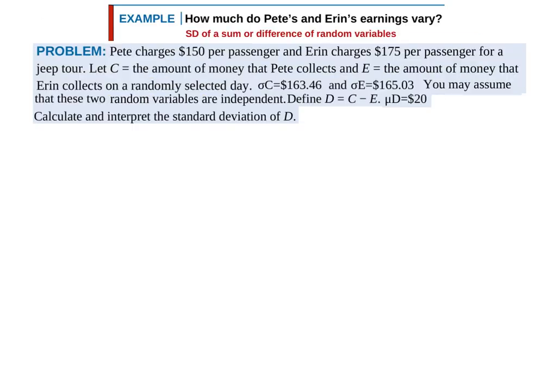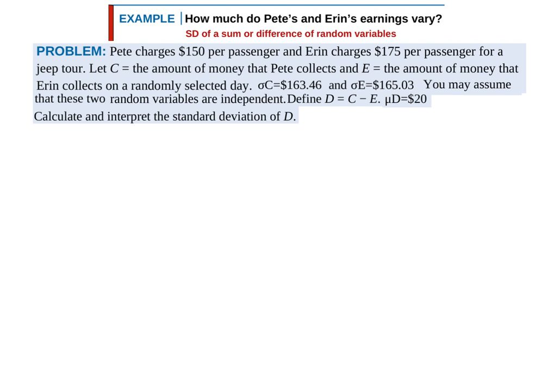Now let's put those ideas into practice and talk about two people's Jeep tours that they give in very popular tourist locations. Their names are Pete and Aaron, and they run two separate companies, but we're going to compare them. The problem says that Pete charges $150 per passenger, and Aaron charges $175 per passenger for their Jeep tour.